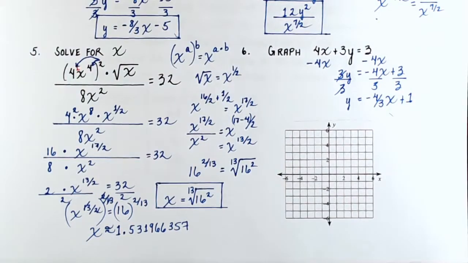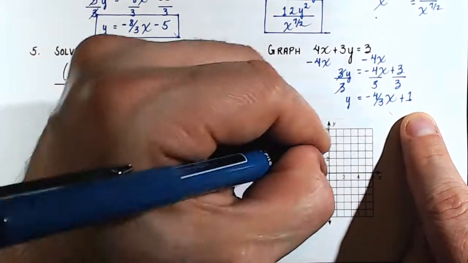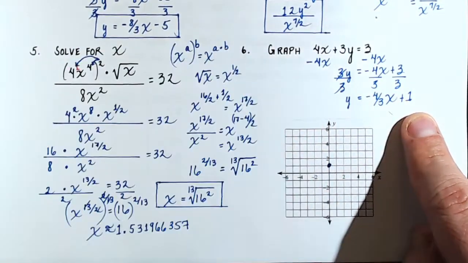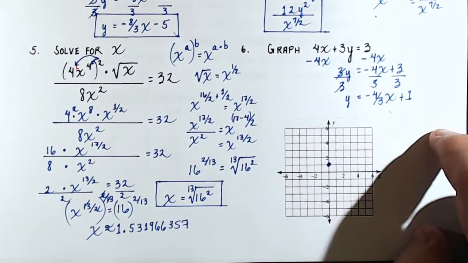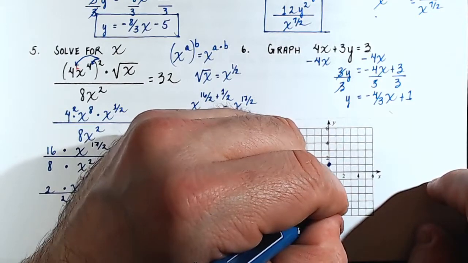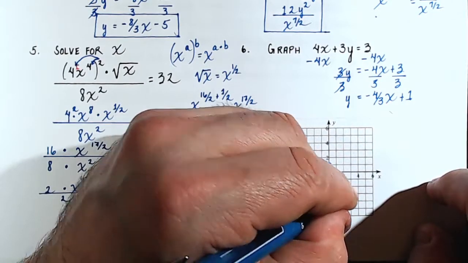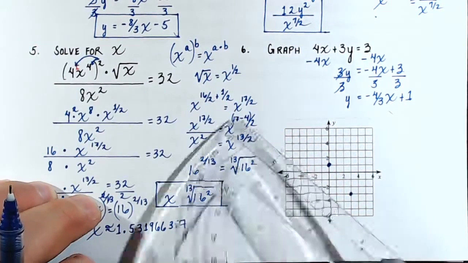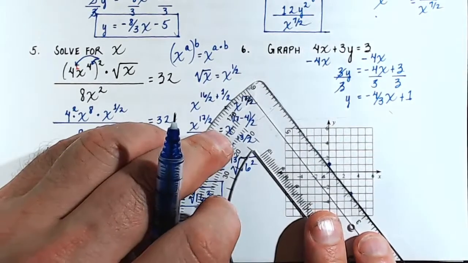To graph that, I go find the y-intercept, which is 1, and plot it in. And now I'll go down 4 over 3. Down 1, 2, 3, 4 over 1, 2, 3. Okay. So let's plot that line in here.